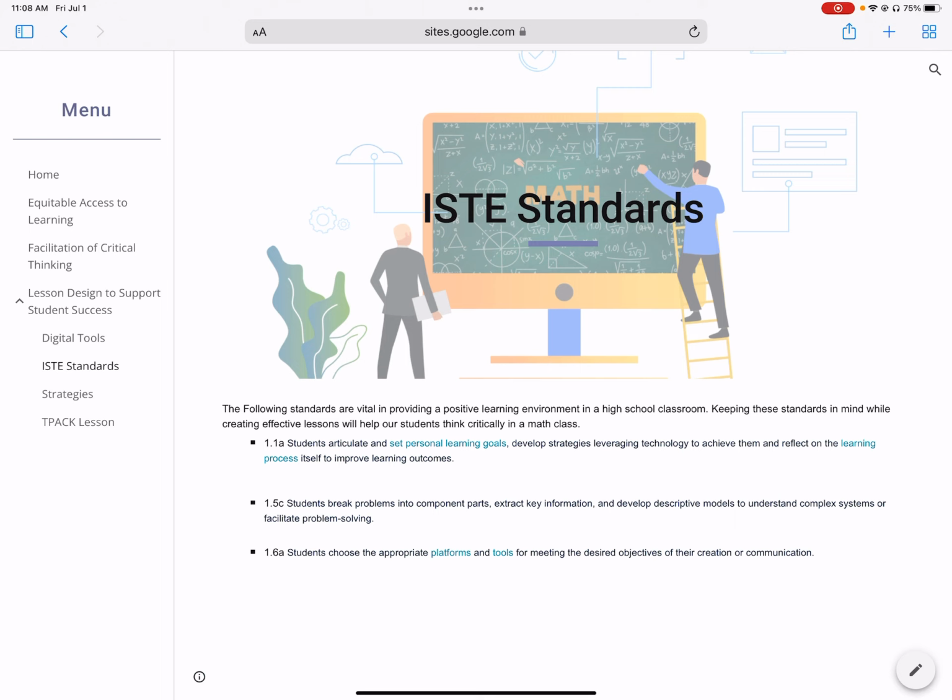Mathematics is all about problem solving and being able to persevere through difficult problems. That is really the life skills application that math teachers tend to give to our students, is that you have to be able to persevere through anything in life. So let's set some personal goals and reflect on them throughout the year, which is standard 1.1A.